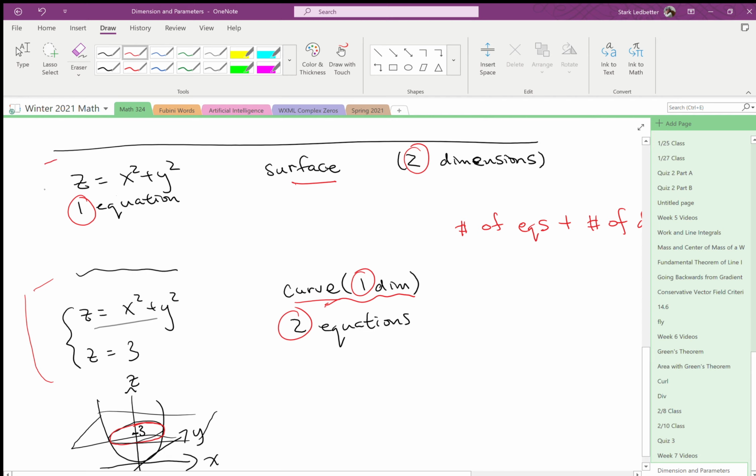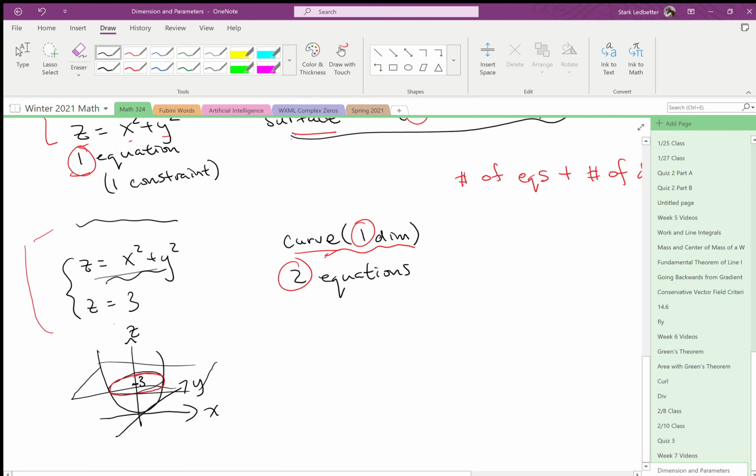Here we had 3 variables in ambient space. We're graphing in 3-dimensional space, 1 equation. That's like, if you think about the optimization problems in Math 126, 1 equation is kind of like 1 constraint. So we're knocking the space down by a dimension. We end up in 2 dimensions.